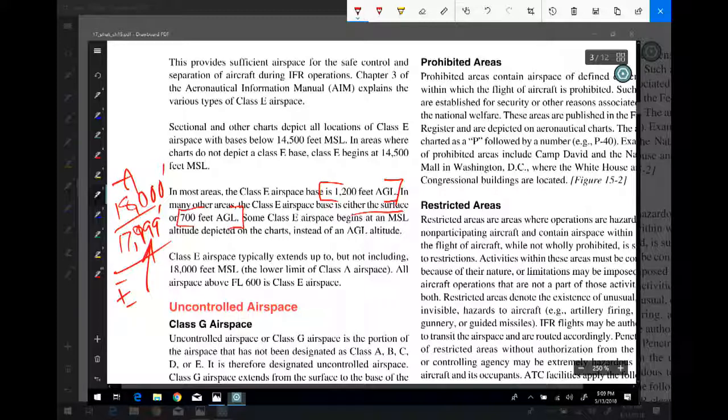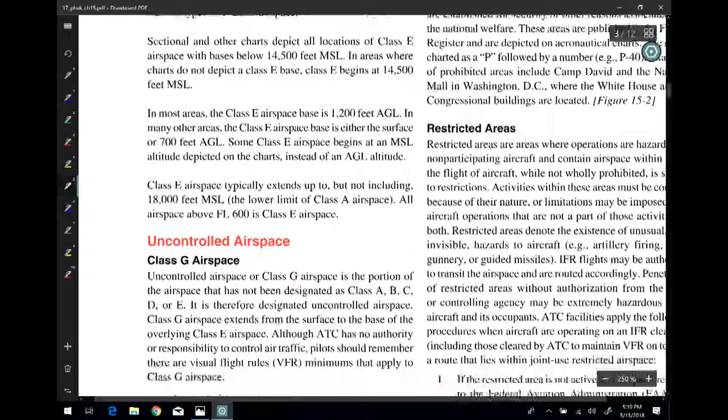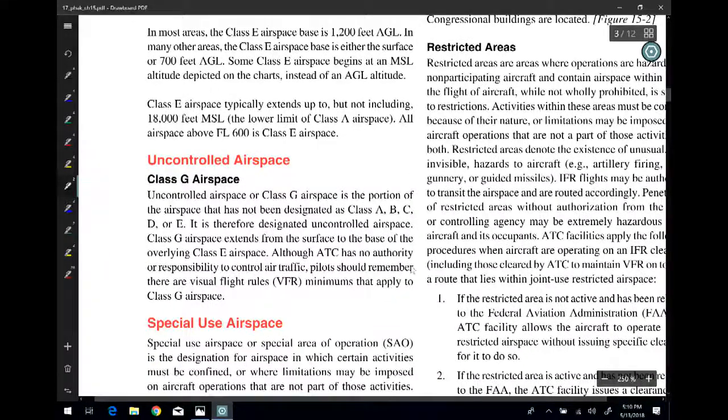Okay? So that's Echo. Now we have uncontrolled airspace. In uncontrolled airspace, the example that we have is Class Golf airspace. When we look at Class Golf airspace, I want you to think ground.